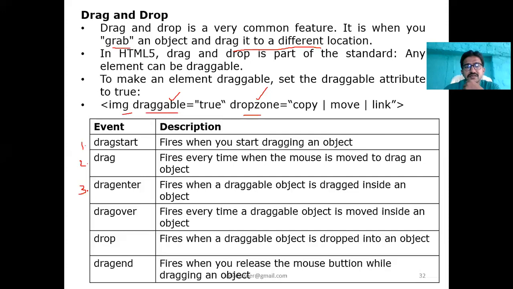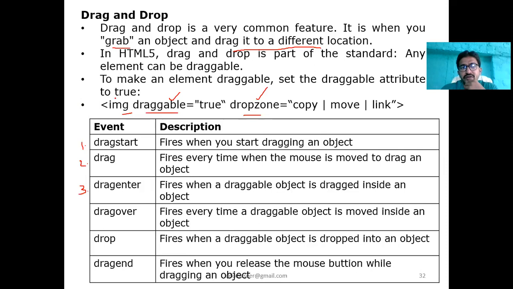The third one is dragenter. Once you are entering your mouse onto the top of the object, then dragenter fires. When a drag object is dragged over there, some sort of event will occur. Hope you have observed that when you take your mouse onto a particular image, it automatically becomes light shaded.